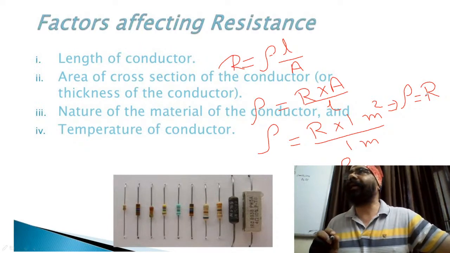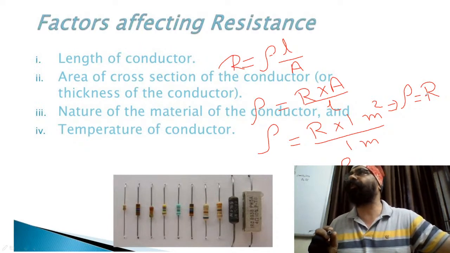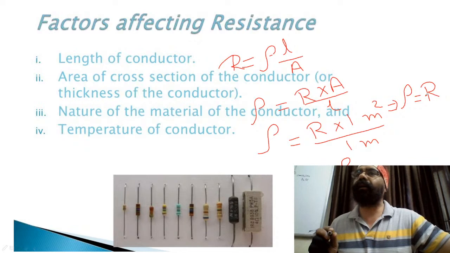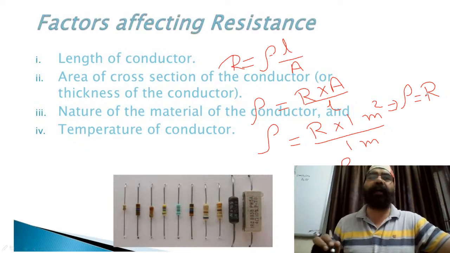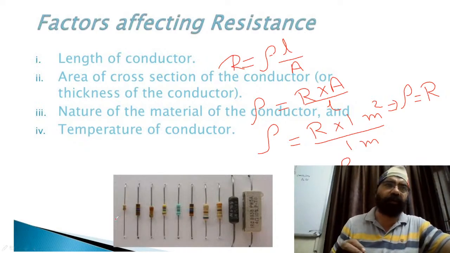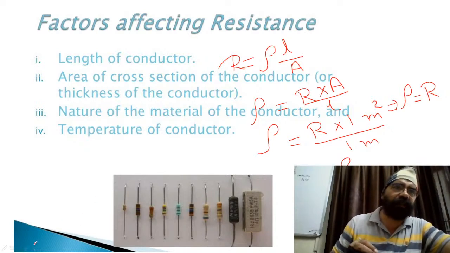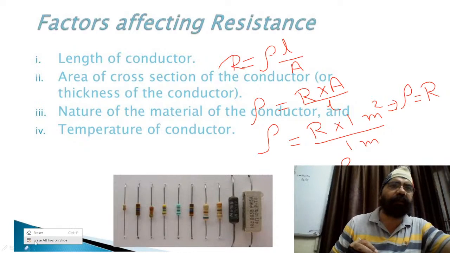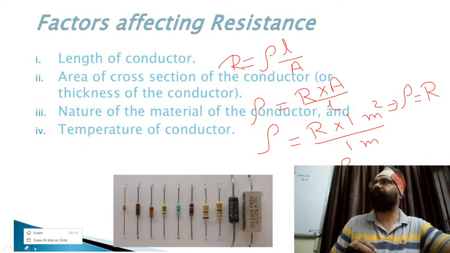Resistivity is the resistance offered by a conductor whose area of cross section is 1 meter square and whose length is 1 meter. I'm sure all of you have understood now. Next time when I ask, I'm sure all of you will give me the correct response. So I will move forward.